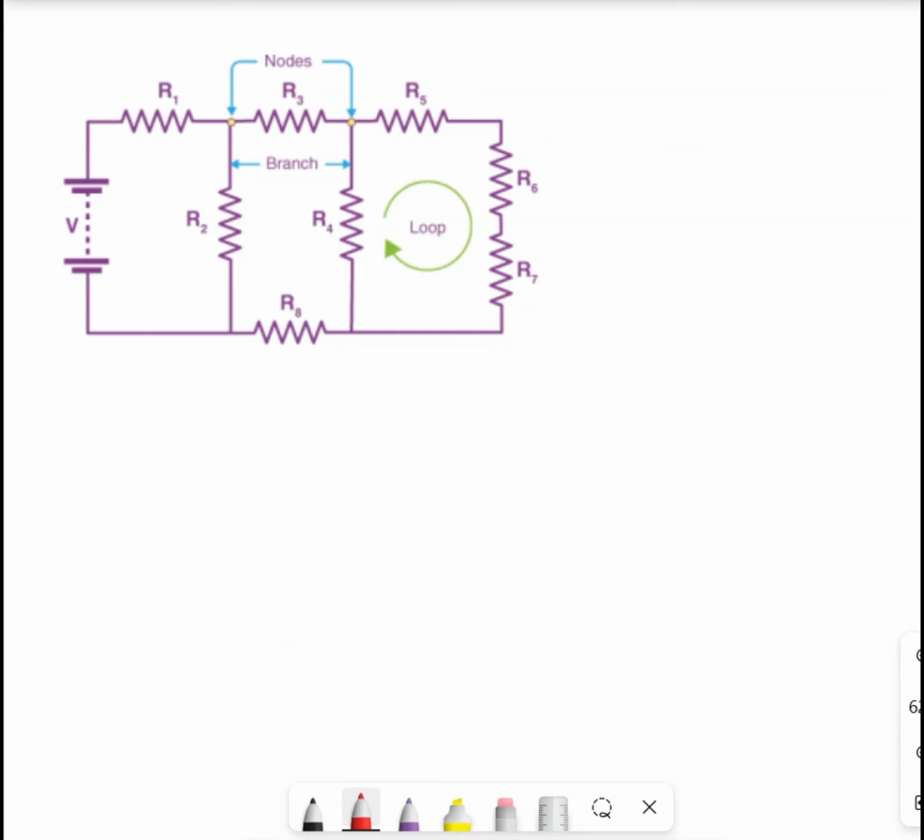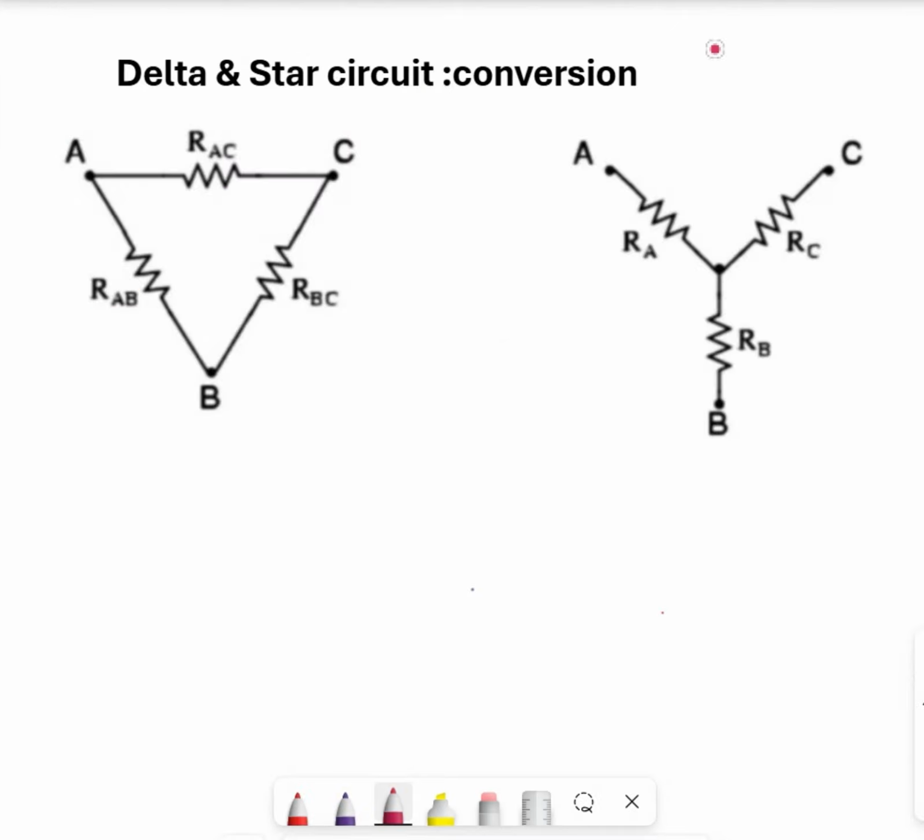For this circuit, we are trying to analyze the current and the voltage of each branch and each of the resistors. Here is the voltage source or potential source. Let's start. The topic is star delta conversion. So this is the delta connection and the star connection.